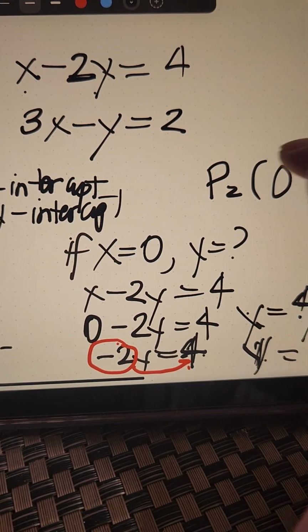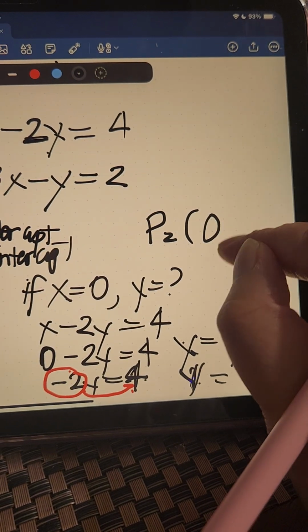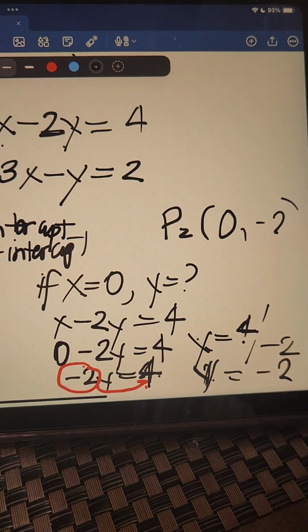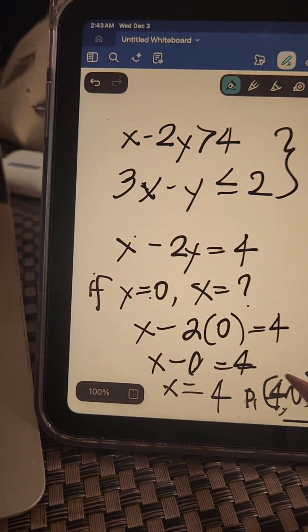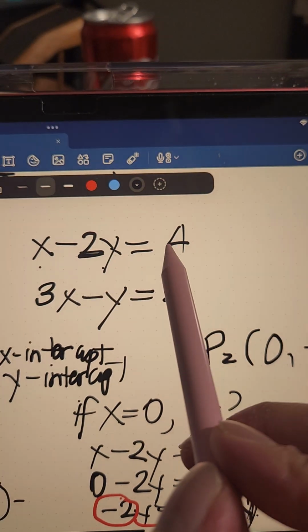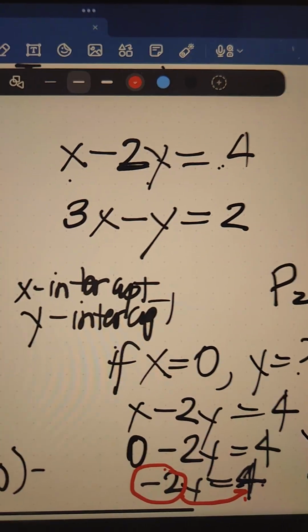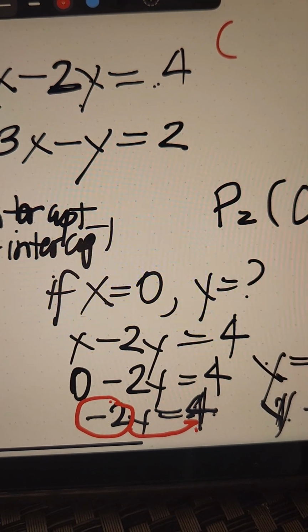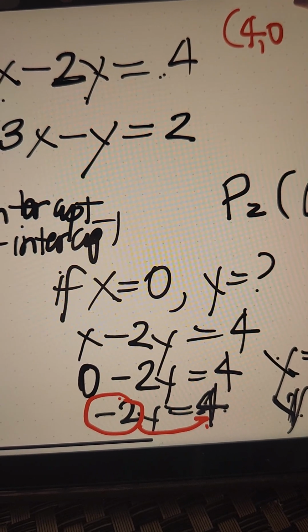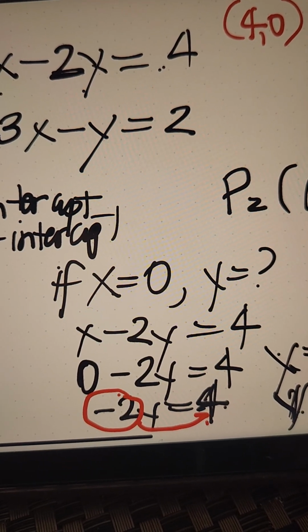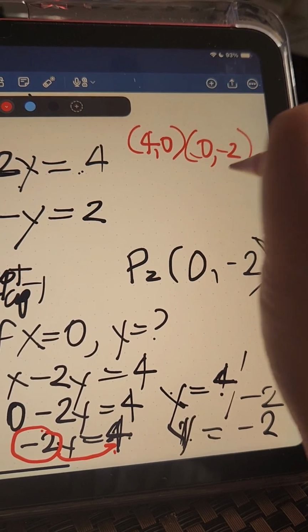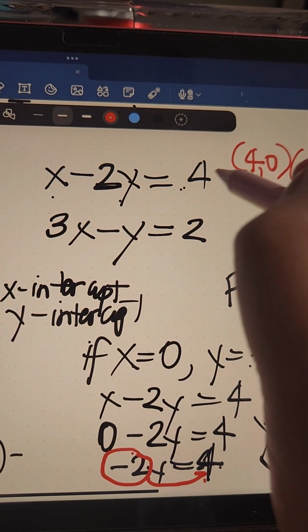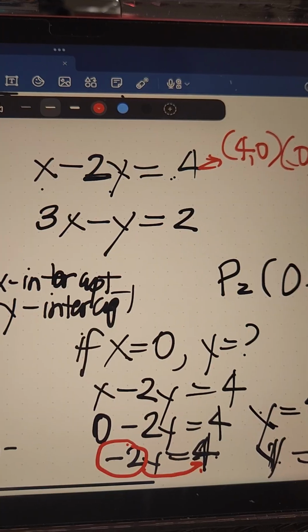So kanina 0 si x and then si y ay negative 2. Okay, so now we have 2 points para sa equation na to. So ang first point natin ay 4 and 0, and then the second point is 0 and negative 2.